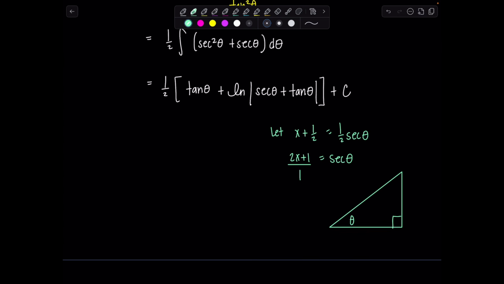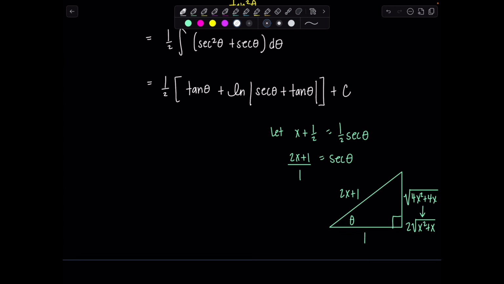Secant theta is the ratio of hypotenuse over adjacent. So what's that missing side going to be? It's going to be the square root of, if I square this hypotenuse, 4x squared plus 4x plus 1 minus 1. It's just the square root of 4x squared plus 4x. But then I can take a 4 out, so that's 2 square root x squared plus x.